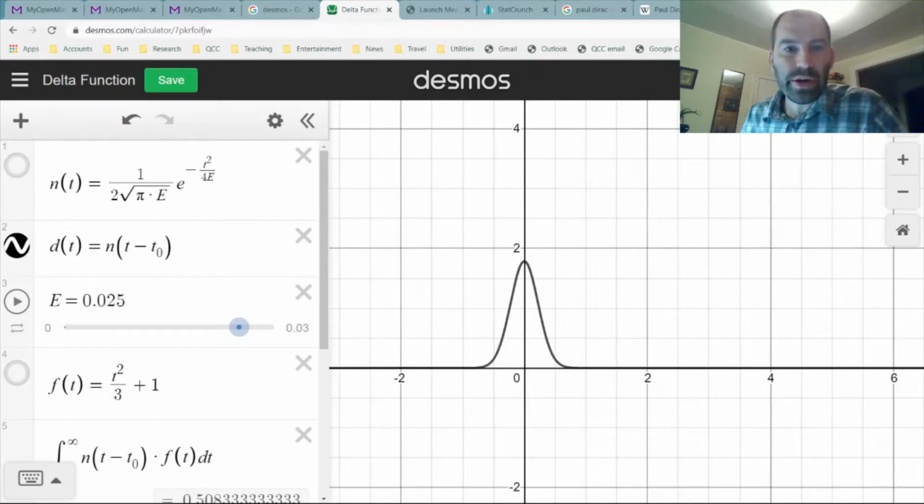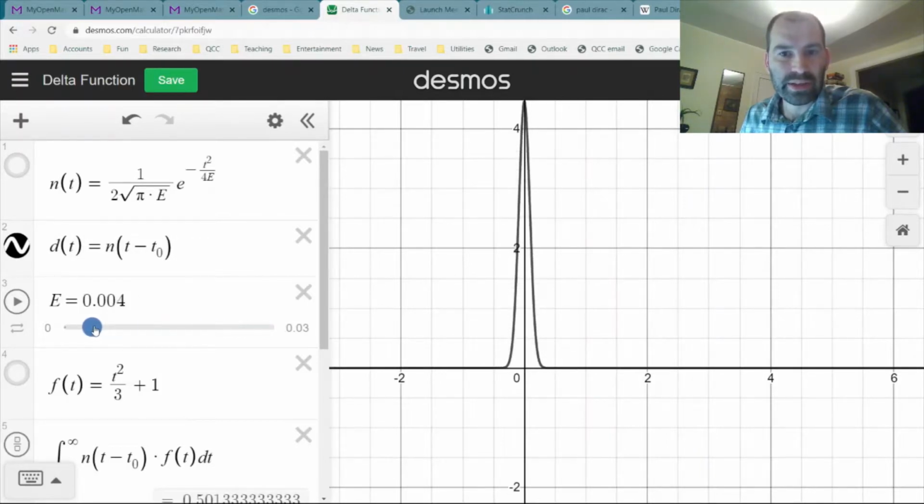Okay, so here it is. I've actually just put in the formula for the normal distribution. And here it is. Here's the bump that I was talking about. And I can't write an epsilon in Desmos very easily, so I'm just using the letter E. And you can see as I adjust the parameter E, you can see how the bump gets taller and thinner, right?